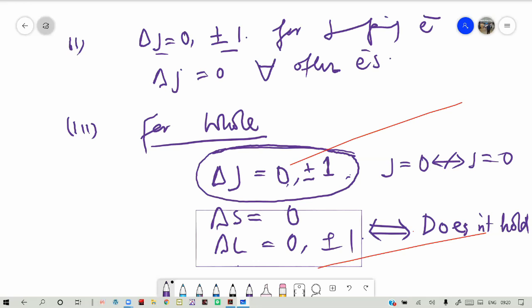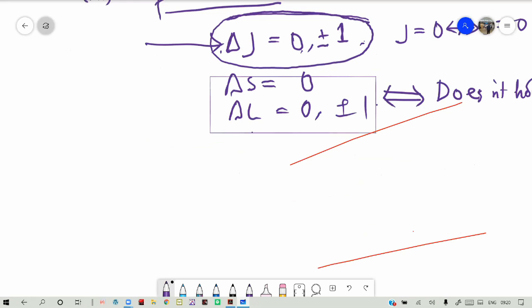They are not good quantum numbers when we take an atom as a whole. We are already combining L and S to get J, so we don't need L and S separately.